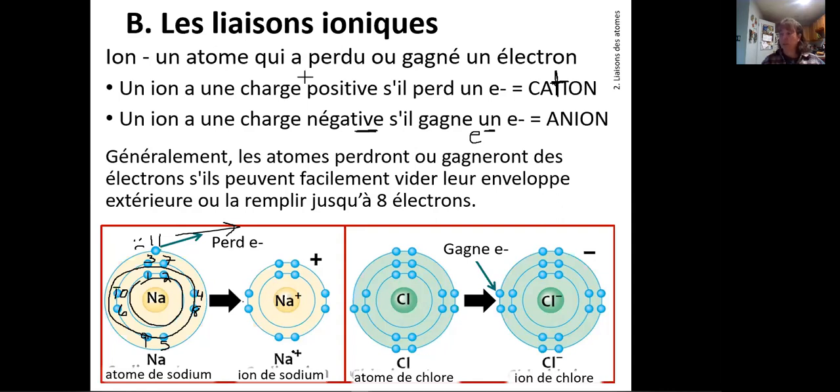So sodium atoms tend to lose their electrons and form what we call ions. We now have 1 more proton in the middle. There's 11 protons in the middle.